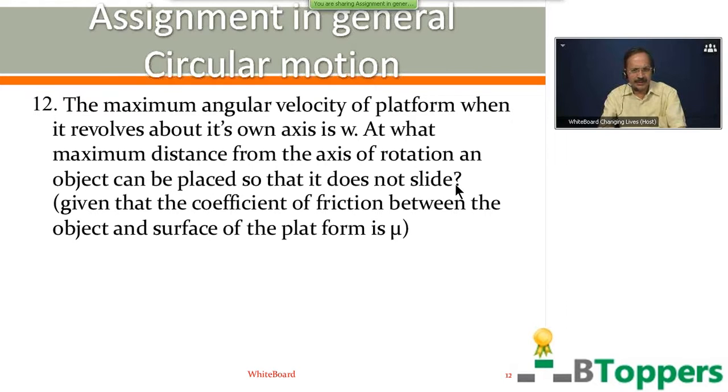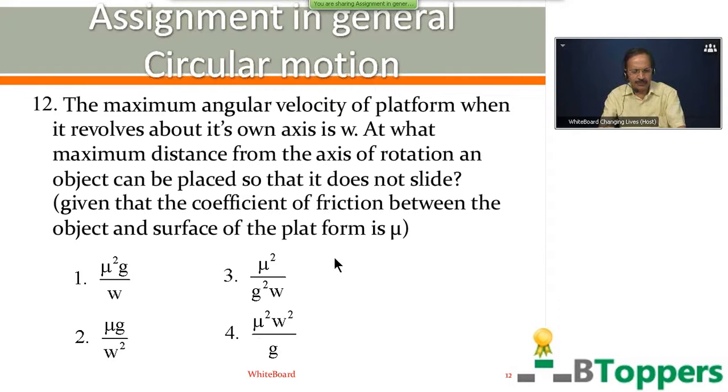To what maximum distance from the axis of rotation can an object be placed so that it does not slide? Given that the coefficient of friction between the object and the surface of the platform is mu. So you are shown 4 options on the screen in terms of mu, g and W. W represents angular speed of rotation. Come on, try the question.